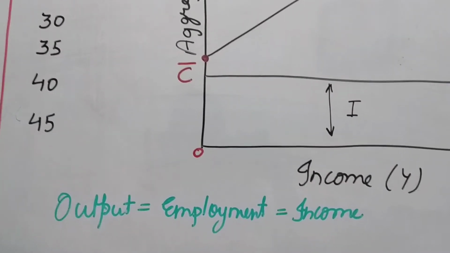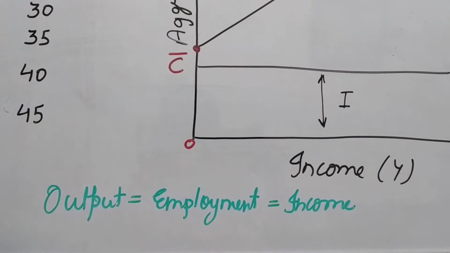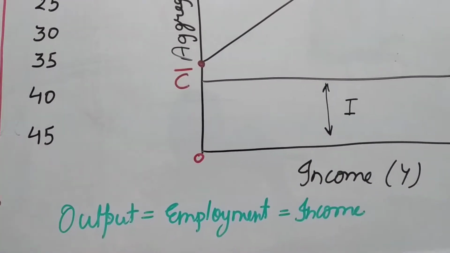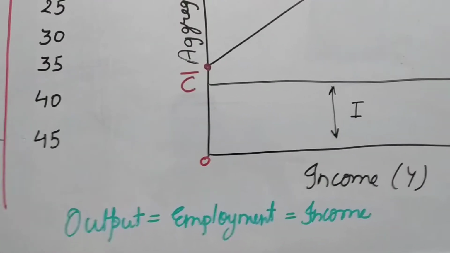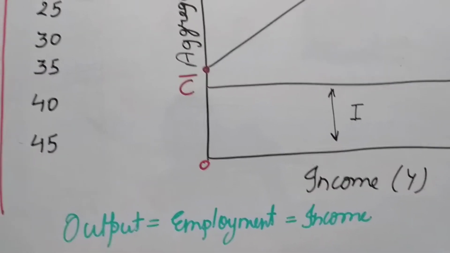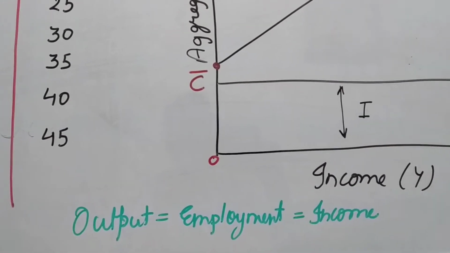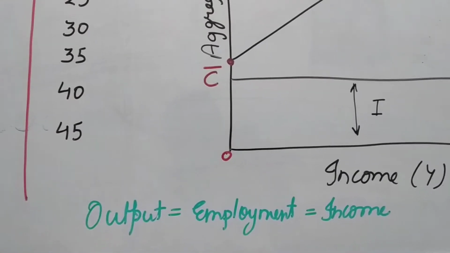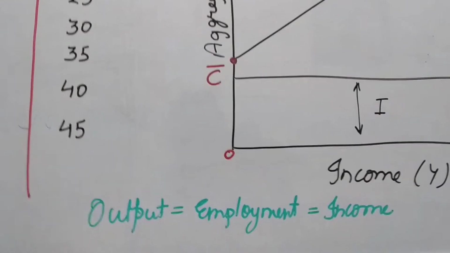Why is it included? Because in the first unit, in the national income chapter, we studied the output method, the value of output method. The second method we use is the expenditure method, and the third one is the income method. By calculating the national income by all three methods, we got the same answer.